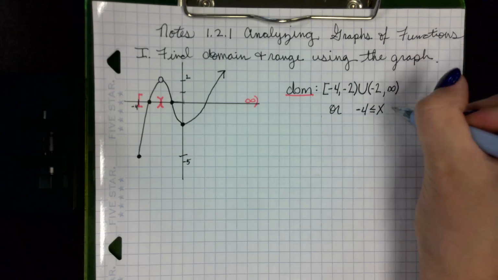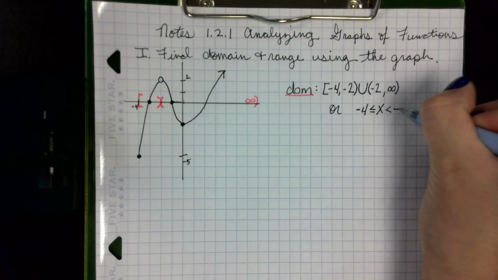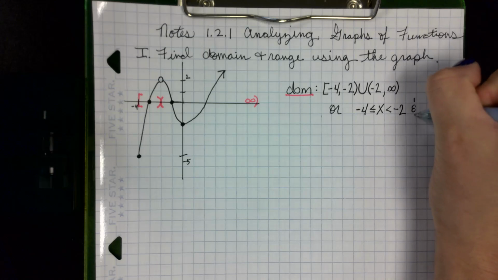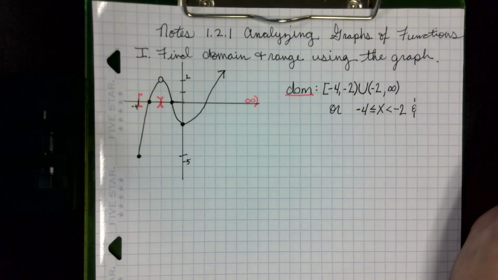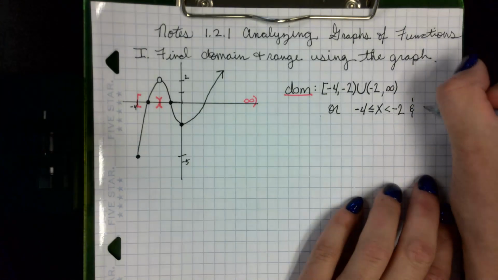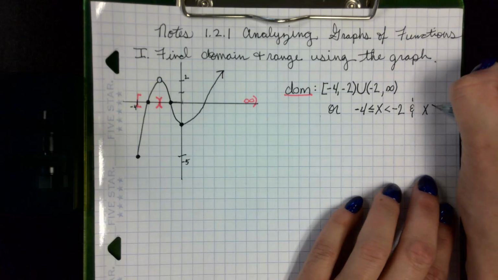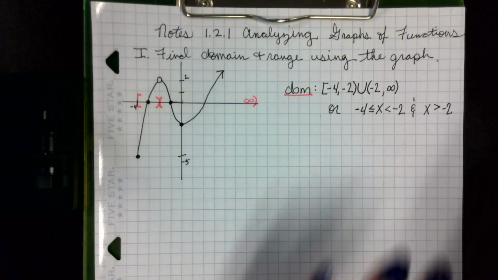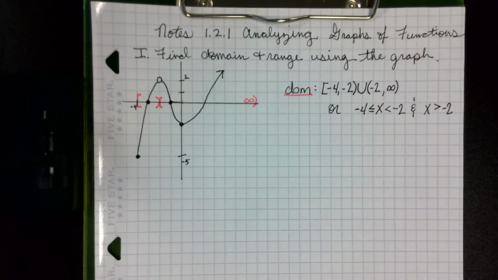It is not included, so less than -2. And then you can write the word "and" or use the and symbol instead of the union. And then we have from -2 to infinity. So the simplest way to write that is x has to be bigger than -2. There is more than one way to write this correctly. This is just the first way that comes to mind for me.